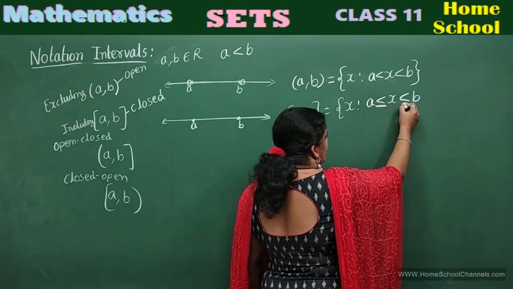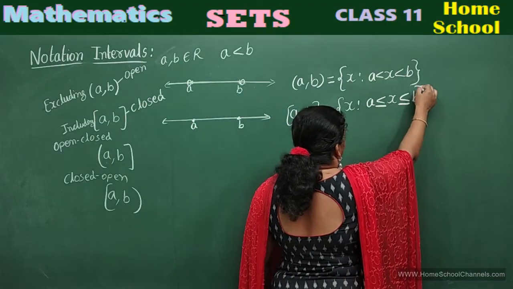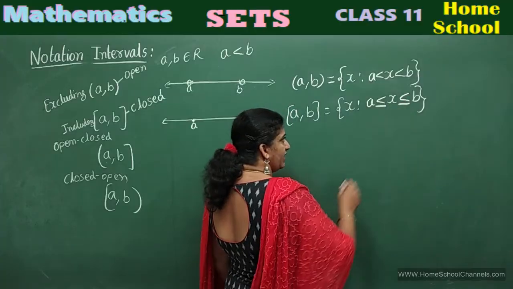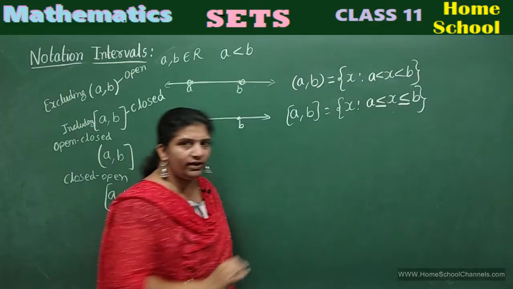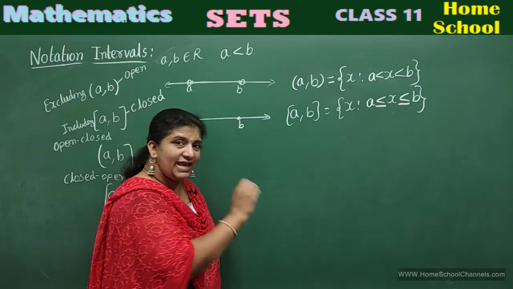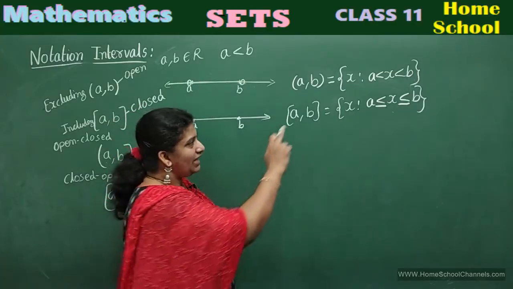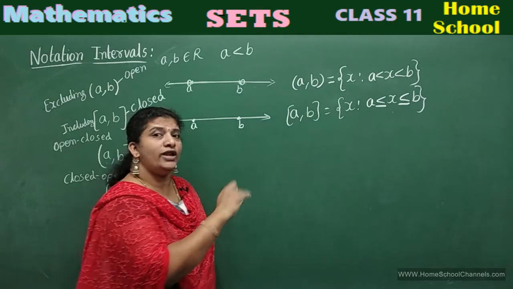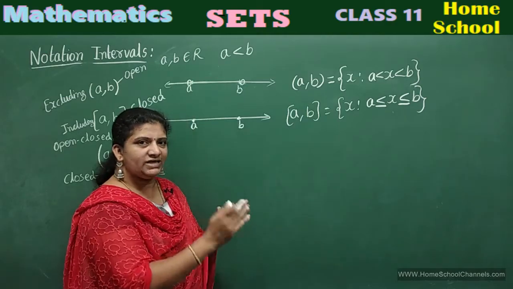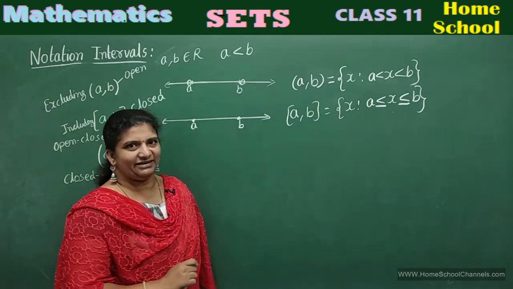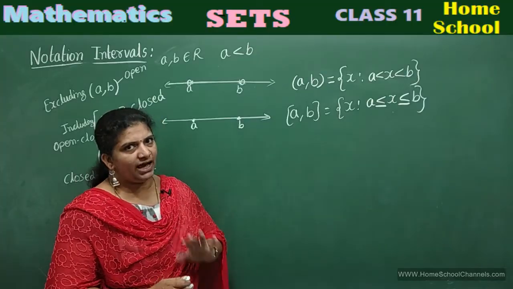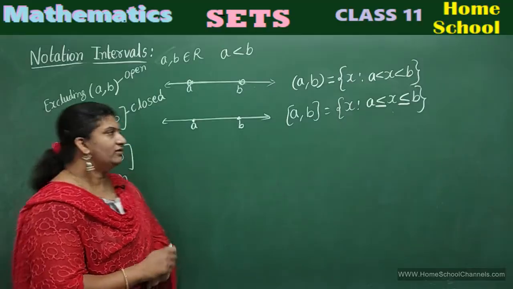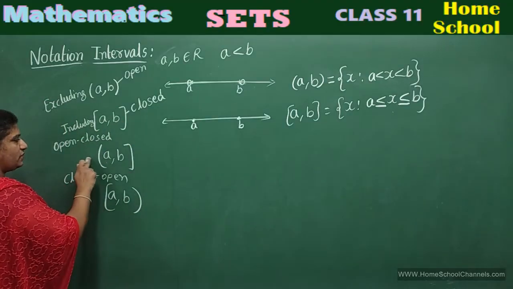Less than or equal to. Now how to read this one? X is greater than or equal to A, means A is also there. And then X less than or equal to B, B is also included in the set. A and B are included. With one more example also I'll say for you. Right? Next.